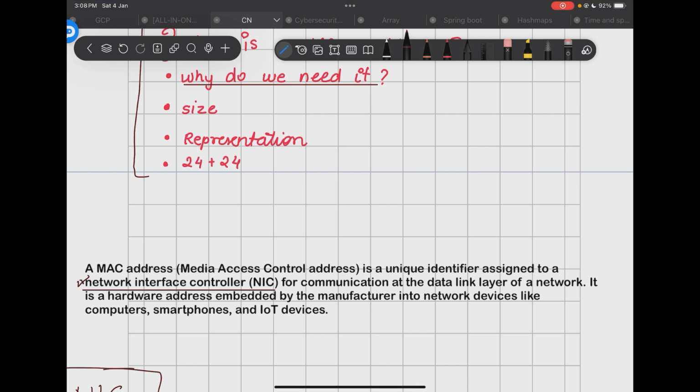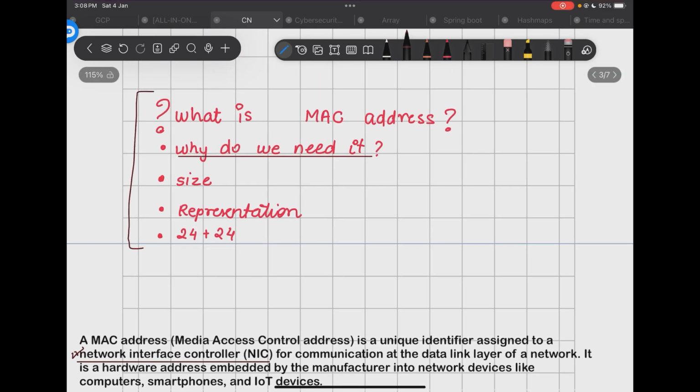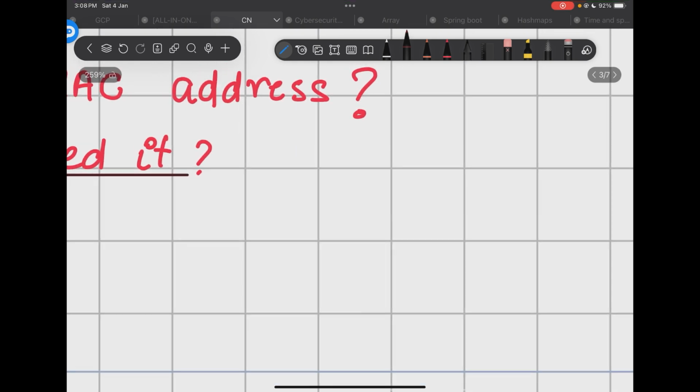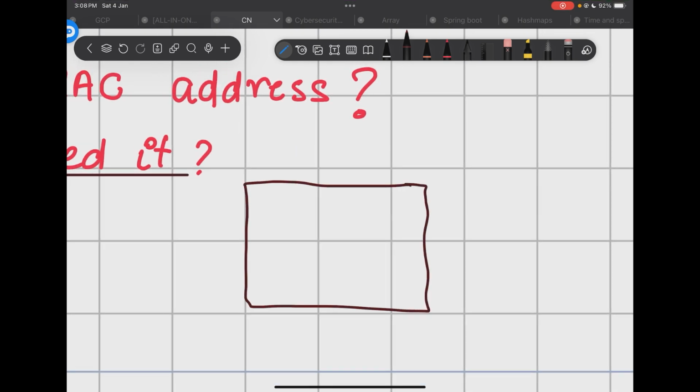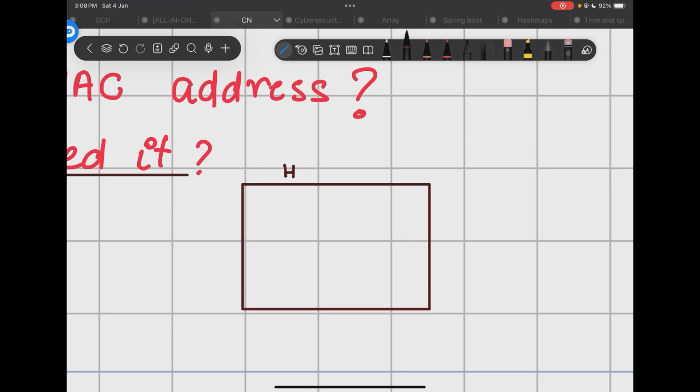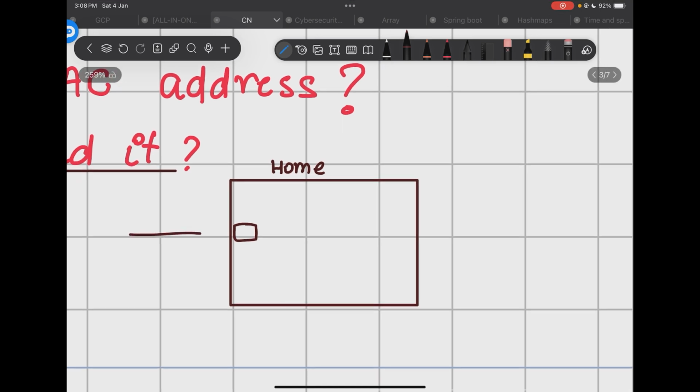But before that, let's address the question, why do we need it? To understand that, we need to imagine a scenario. Let's say this is your home network. Here's the router, the entry point of the network. And there are three devices connected to it.